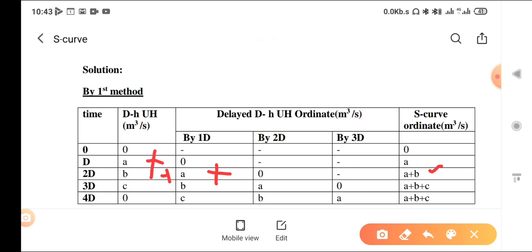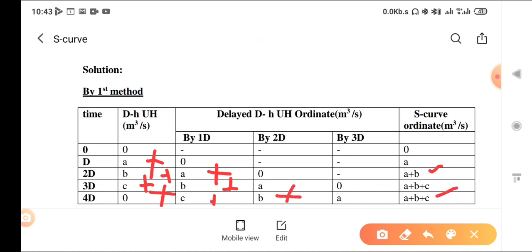For 3D it is c plus b plus a plus 0, which is a plus b plus c. And for 4D it is 0 plus c plus b plus a, so it will be a plus b plus c.